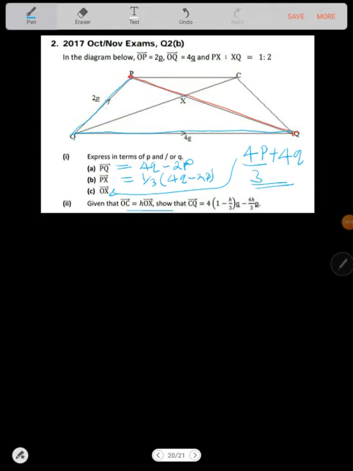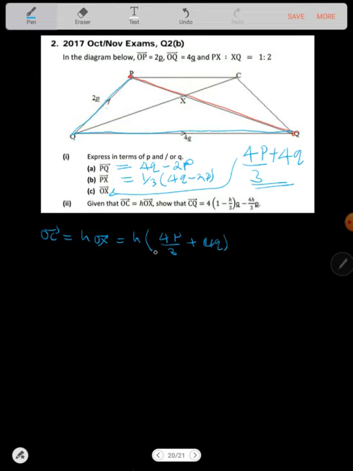The other part says given that OC is equal to H times OX. So this is just the same as H times OX, which is 4P over 3 plus 4Q.